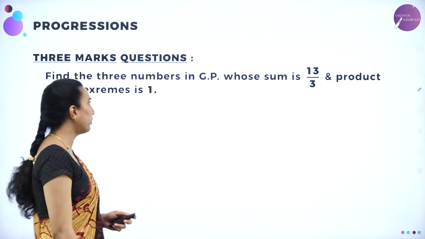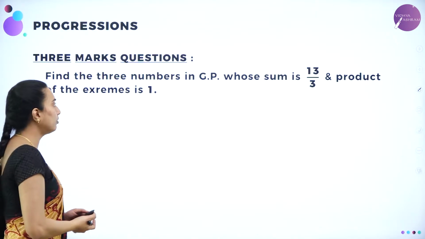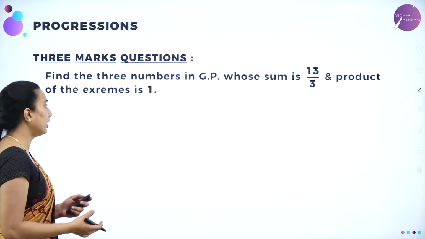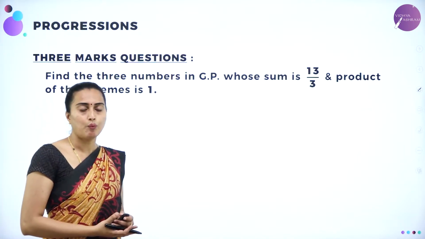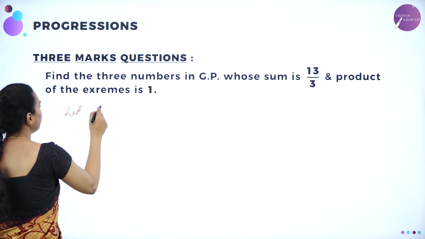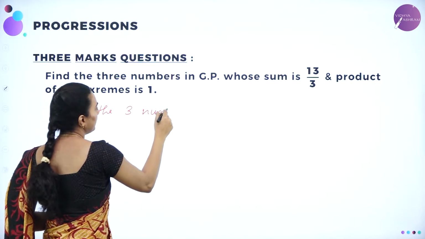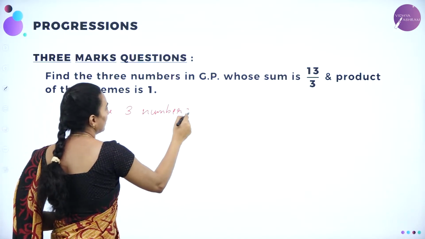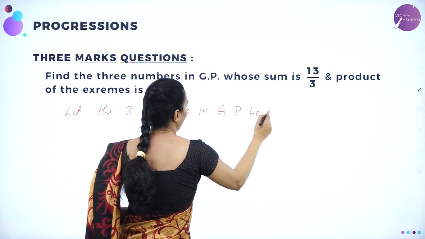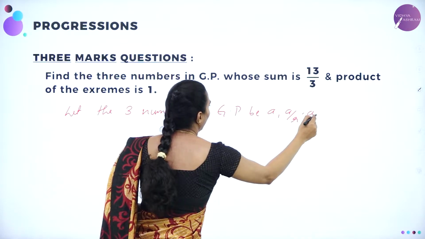Now we'll move on to solving the 3 marker problems. They have given the first question like this: find the 3 numbers in GP whose sum is 13 by 3 and the product of the extremes is 1. Now here I am taking, let the 3 numbers in GP be A by R, A and AR.